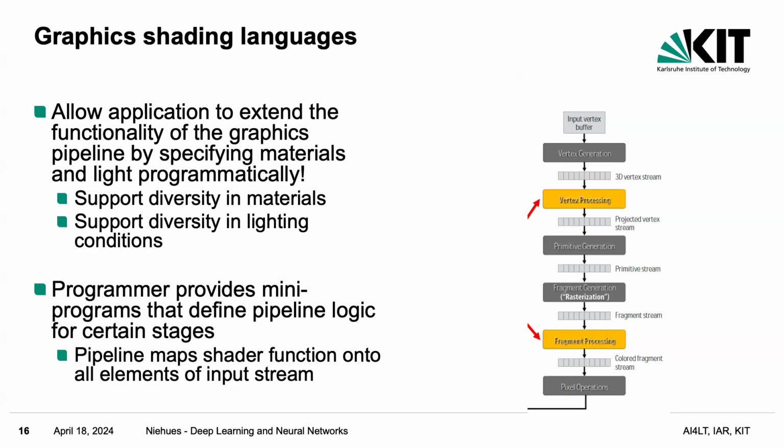You could invent your own materials, and they would look different. In the rendering, at some points in between, you could add your own code, which would then be applied to all pixels.